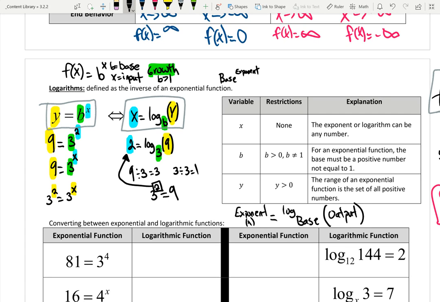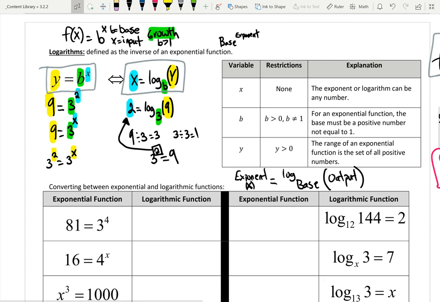I'm going to use output because I'm trying to train you guys to think in forms of functions. X over here is technically my input. So let's go ahead and jump on in.